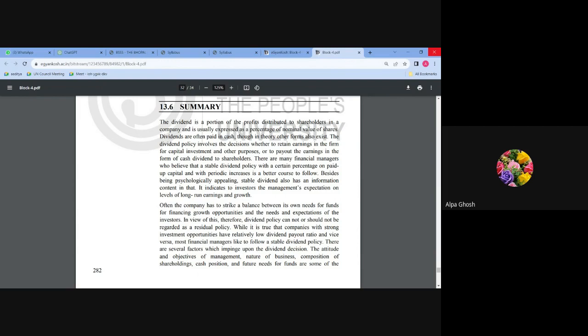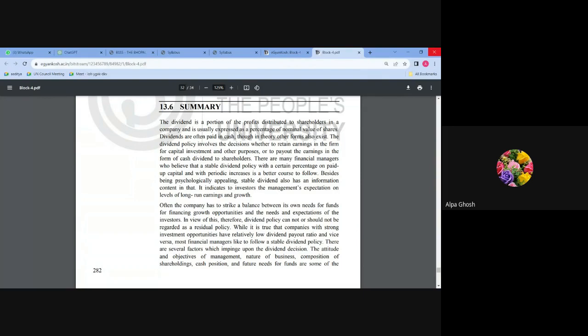Dividends are often paid in cash, though in theory other forms of payment also exist. The dividend policy involves the decision whether to retain earnings in the firm for capital investment and other purposes, or to pay out the earnings in the form of cash dividend to shareholders.